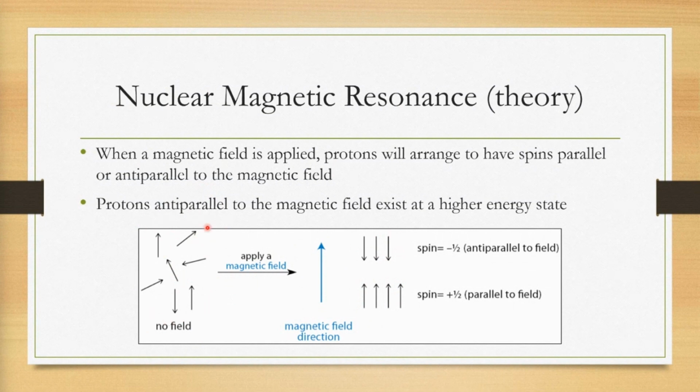Then these nuclei will arrange to either be aligned with the magnetic field or anti to the magnetic field. The nuclei that are anti-parallel to the applied magnetic field exist at a higher energy state. And so that's exploited when we do NMR analysis.